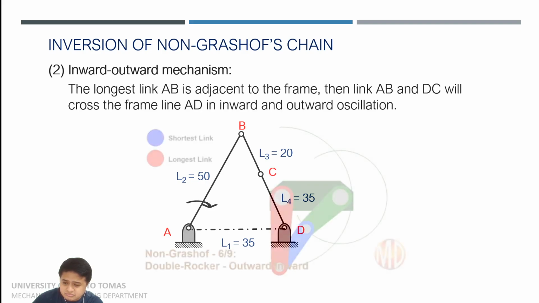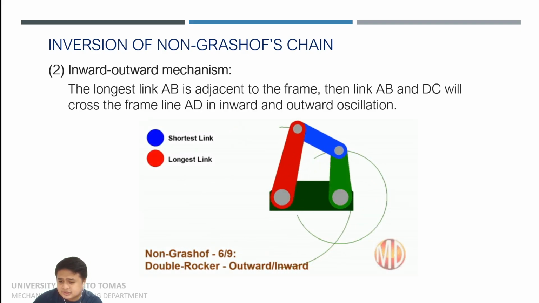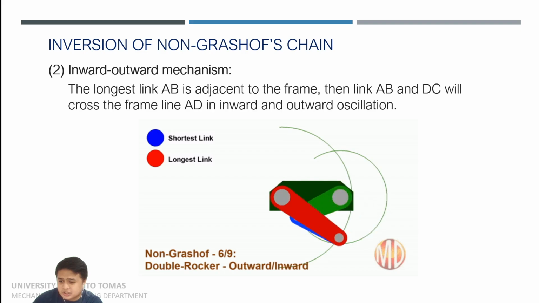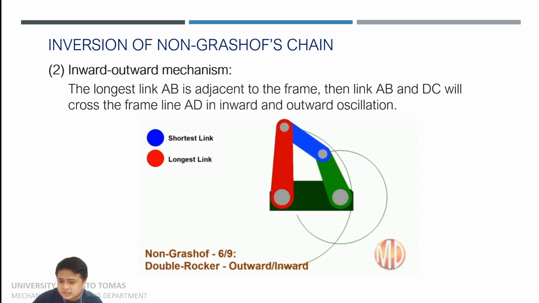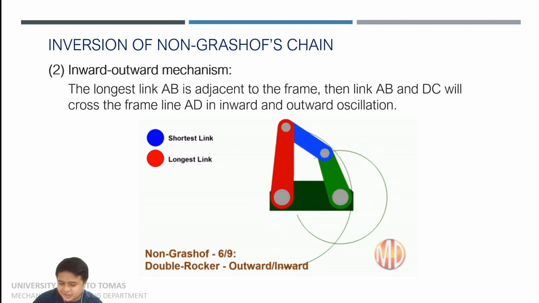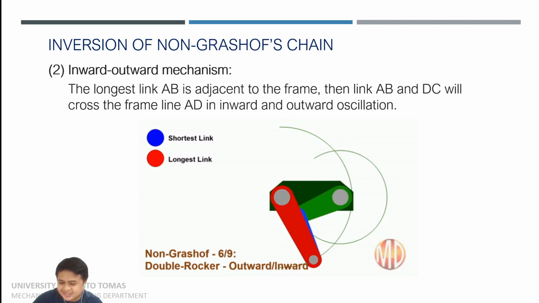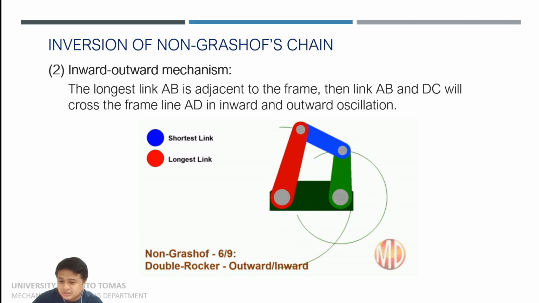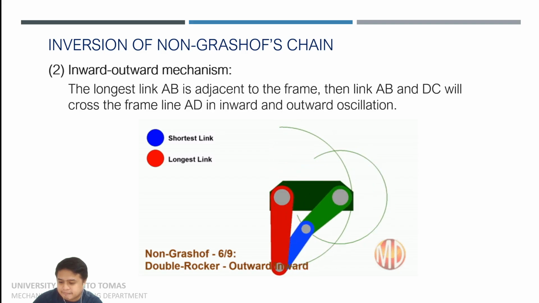So let's check this. As you can see, the longest link is inward, and the other rocker, which is this green one, will be outward in this mechanism. Okay.